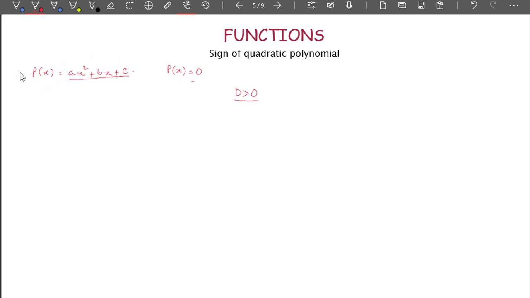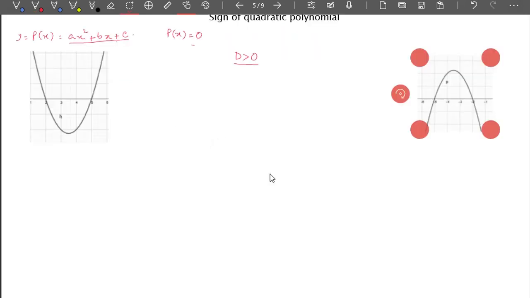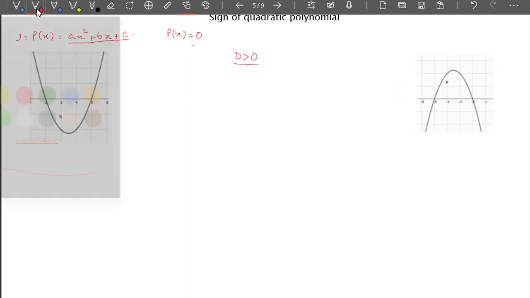If y is equal to p(x) is equal to ax square plus bx plus c, then how will the graph of p(x) look? The graph will be like that. When D is greater than 0, you will have two different roots, or this polynomial has two different zeros, you can say.